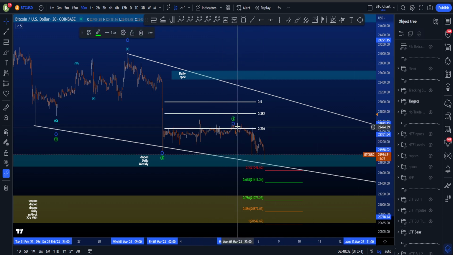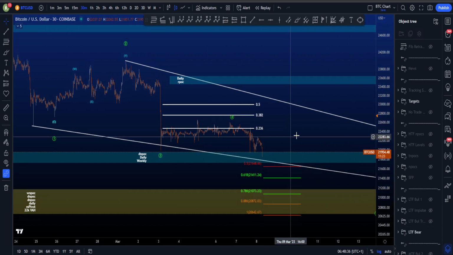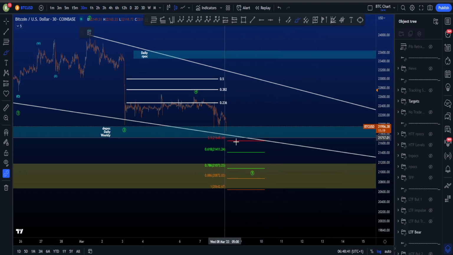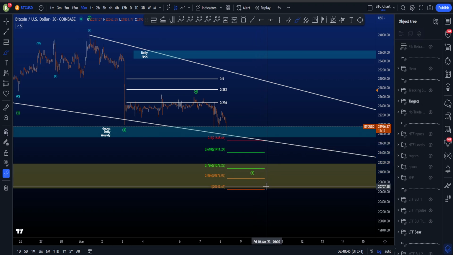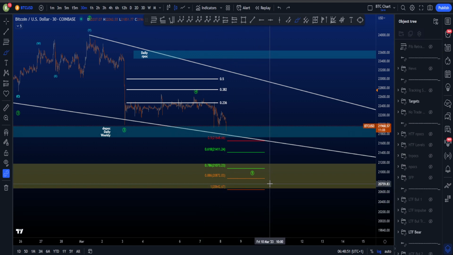So in this scenario, if the end of wave 4 is somewhere over here, then the potential end of wave 5 is at the green lines that you see on the chart. So the green lines are the most common target for potential wave 5 in the leading diagonal, and then the orange lines are more rare, and also wave 5 is not allowed to go below the 1-to-1. So this is the bearish scenario, but this isn't currently my, let's say, more alternative scenario out of the bullish and the bearish ones that I have on the lower time frame.